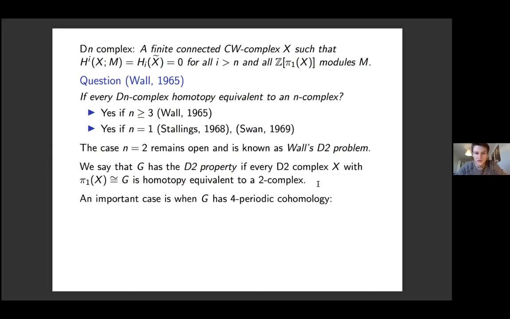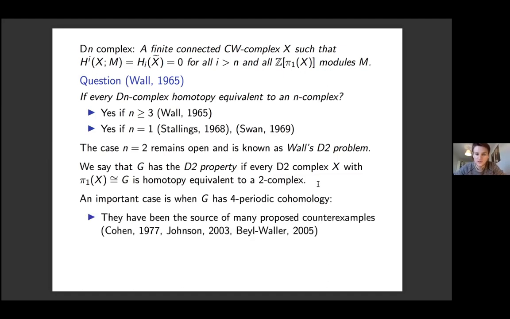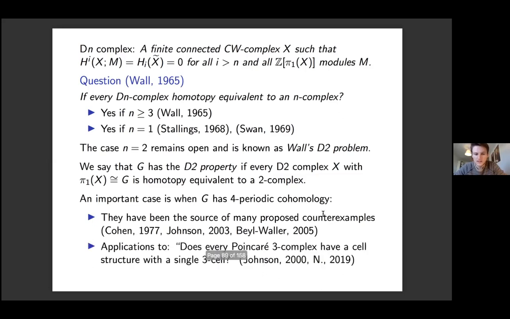An important case of the D2 problem, and linking in with the talk, is the case where G has 4-periodic cohomology. I believe this is important for two reasons. The first is that they've been the source of many proposed counterexamples. For example, Cohen, Johnson, and Bales and Waller across the span of many years have proposed counterexamples in this family. The second is that they have applications to the question: does every Poincaré 3 complex have a cell structure with a single 3 cell?